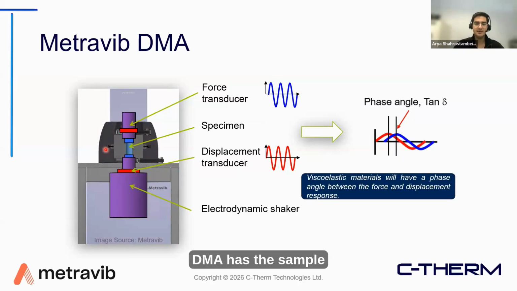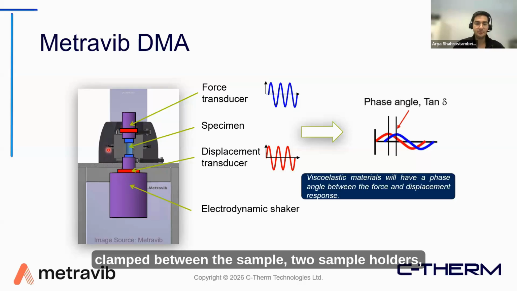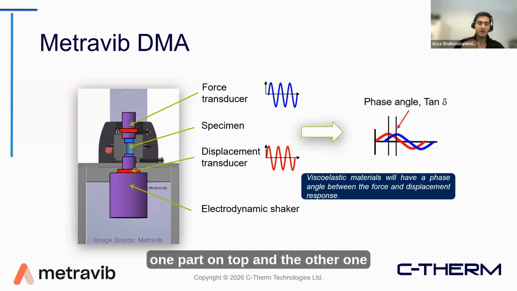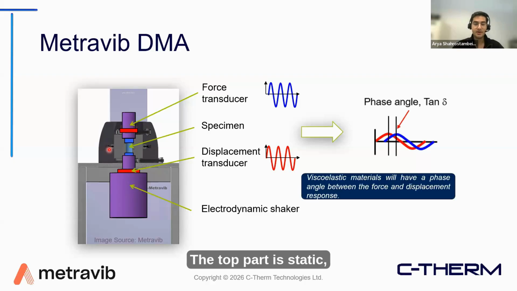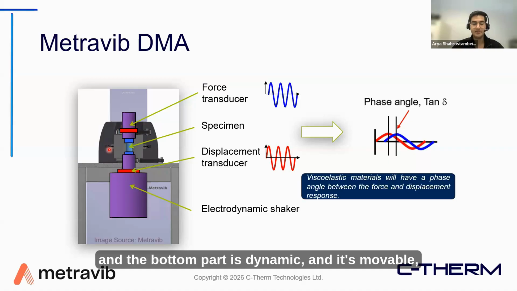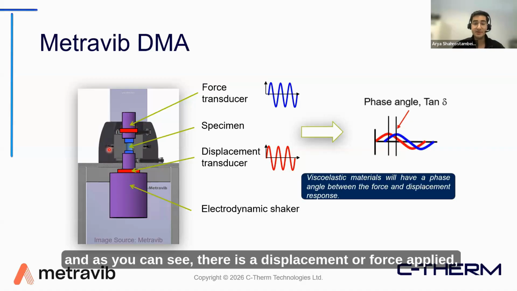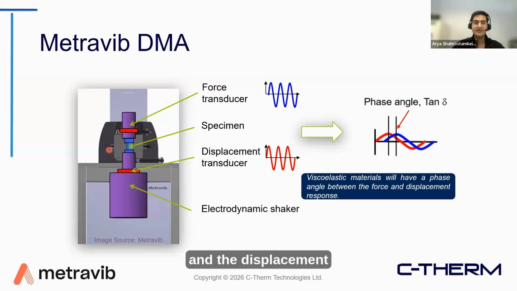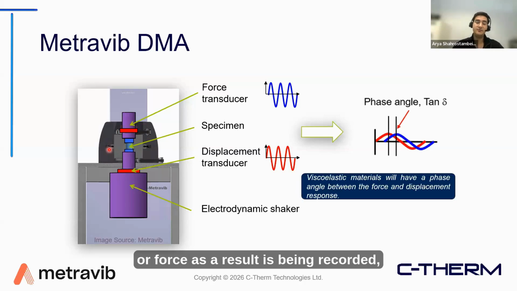As you can see, DMA has the sample clamped between two sample holders, one part on top and the other one on the bottom. The top part is static and the bottom part is dynamic and movable. And as you can see, there is a displacement or force applied, and the displacement or force as a result is being recorded.